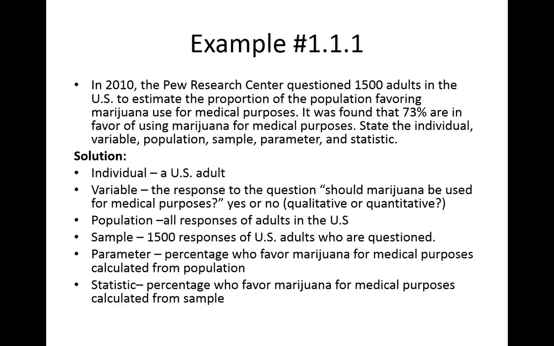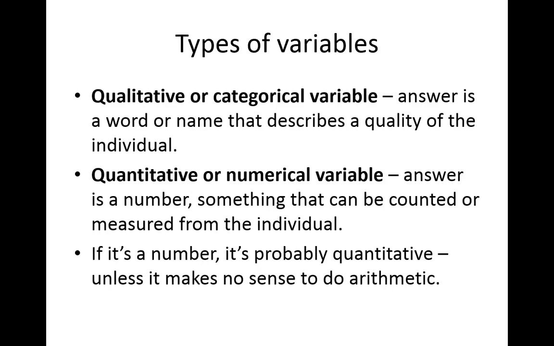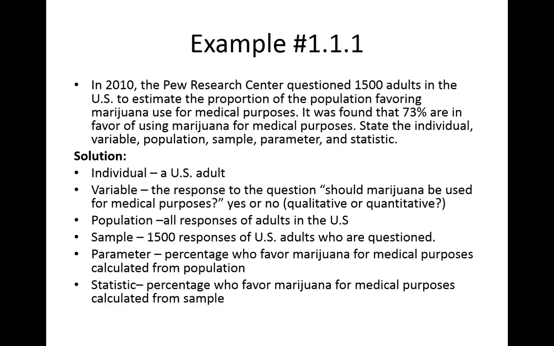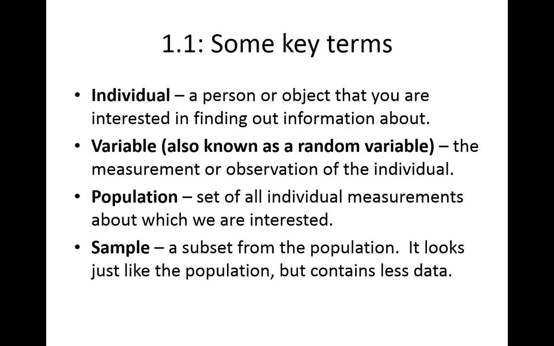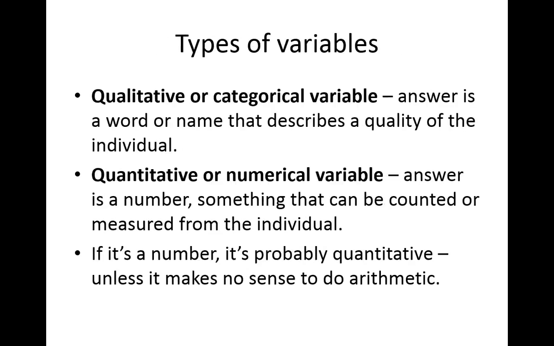Before we get into, or no, I wanted to get into this next. I think I wanted to skip over the types of variables and just get to this, because this is kind of an awkward screen. It sort of separates from the individual, variable, population, sample, parameter, statistic information.